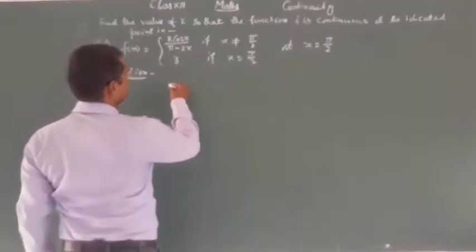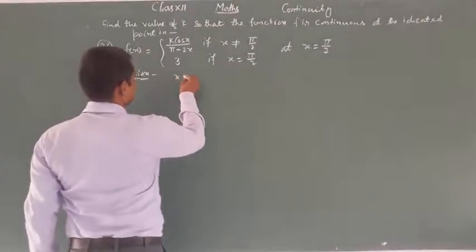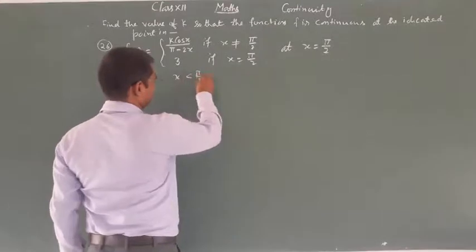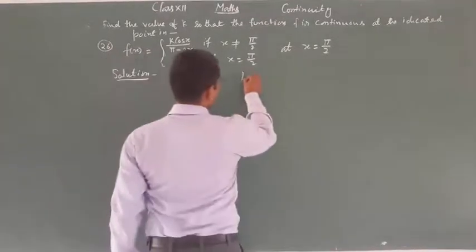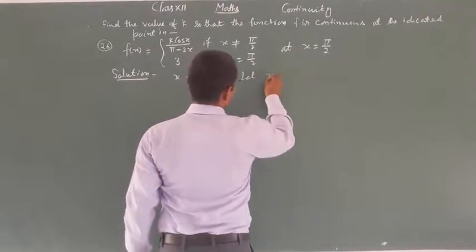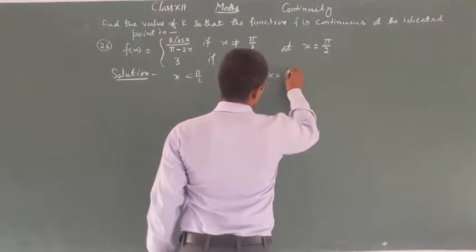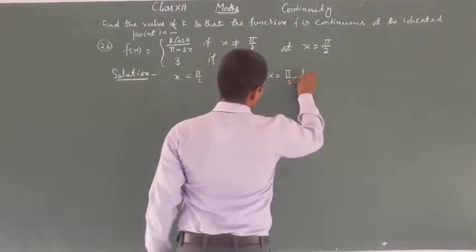So if x is less than pi by 2, now let x be equal to pi by 2 minus h.